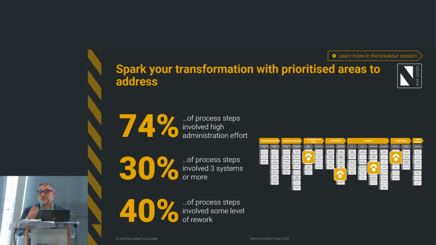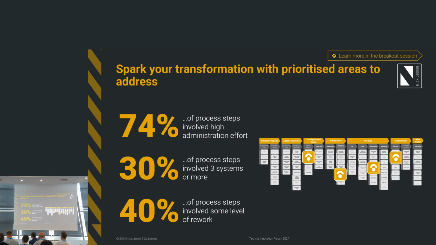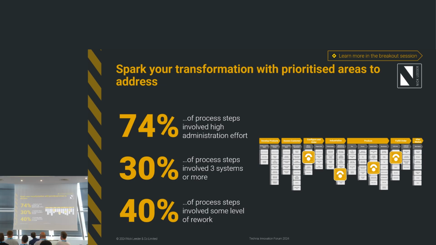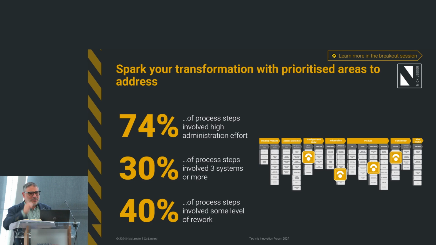That was a business that has grown organically by adding new applications and systems as they needed to, never against a real strategy of what do we do, how do we want the business to work, which we saw earlier on. And 40% actually meant they had to go and do some rework. Just think about it, 40% of those business process steps involve some level of rework.